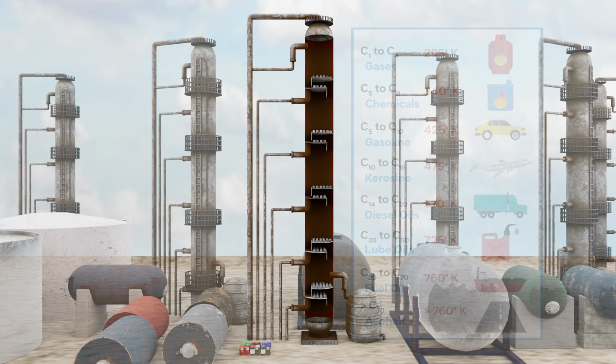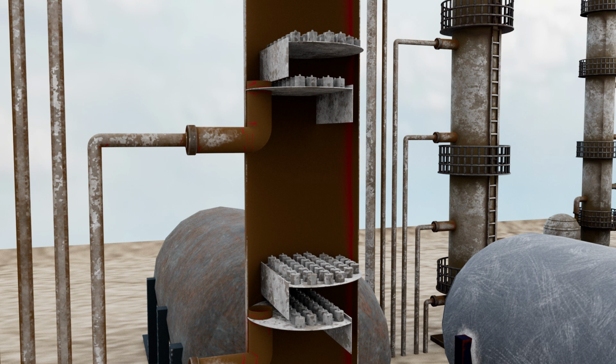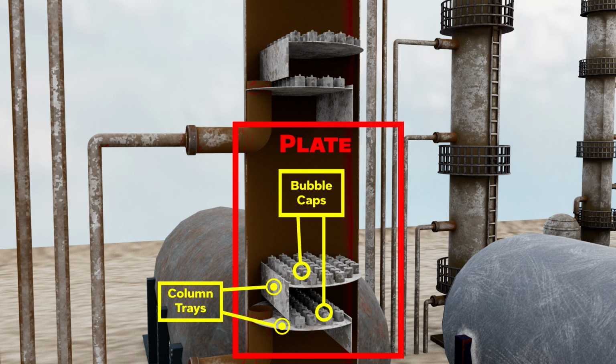The refining of crude oil using a distillation column is where HPLC and chromatography in general gets one of its core concepts, the concept of plates. Each section of the crude oil distillation column has an apparatus called a plate. In this version, a plate consists of a pair of column trays populated with bubble caps.